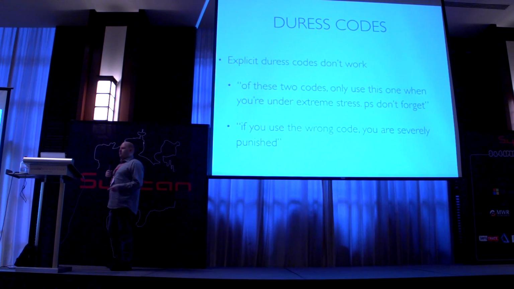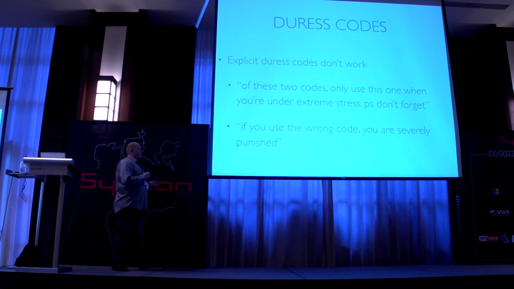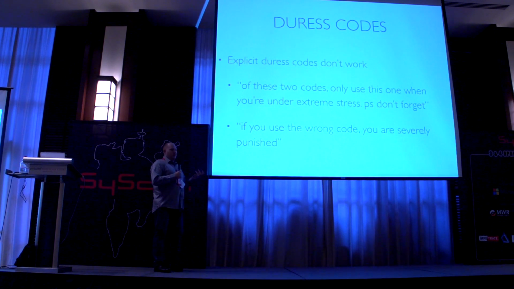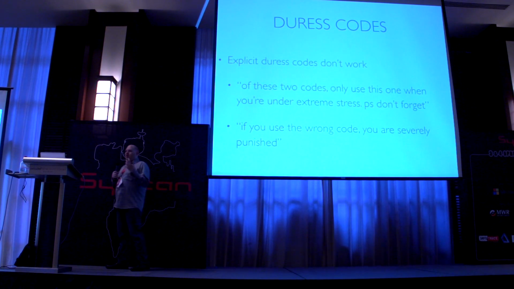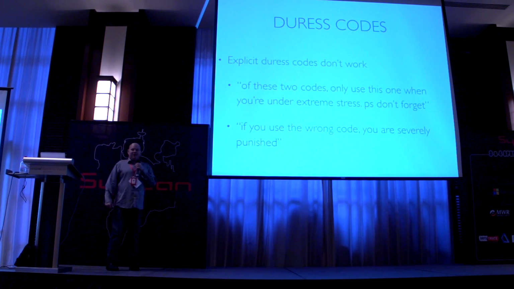One you're going to use all of the time, and this other one you're only going to use when you're under extreme stress. Don't get them confused and don't forget it, right? That doesn't work. People forget it. During World War II, the radio operators that were actually trained on how to do duress code stuff would still screw it up occasionally. And these were people who are trained. These are not like random reporters doing stuff.